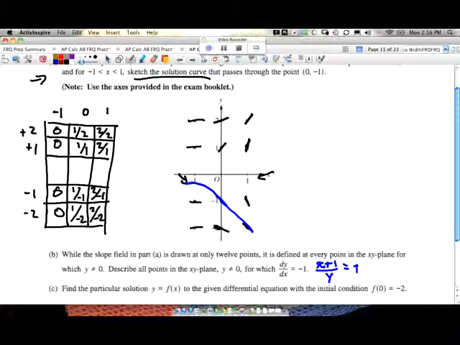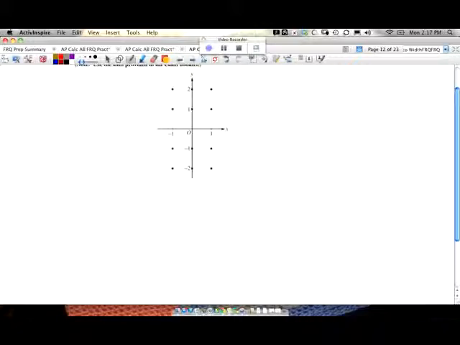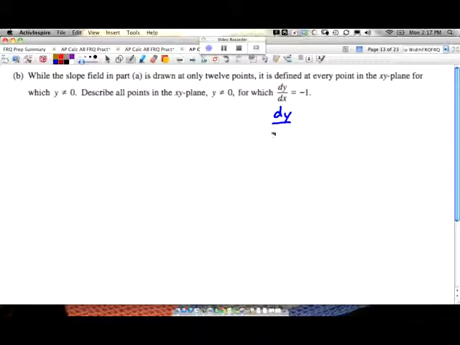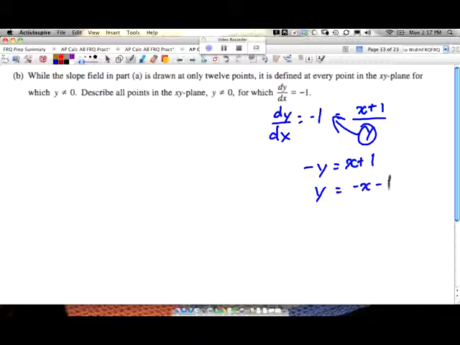So now that we get into that, I just kind of answered this first one there, but now I got to get to this one. So this means that dy/dx equals negative 1, which is (x plus 1) over y. So what I got to do now is get this y up here and talk about it in terms of an equation. Negative y equals x plus 1. If I multiply both sides by negative 1, I get y equals negative x minus 1. There we go. That's it.